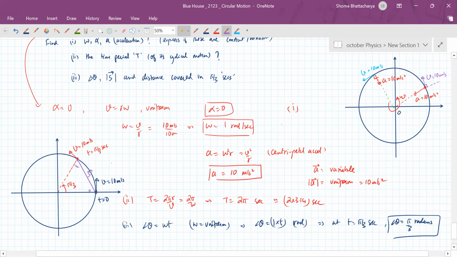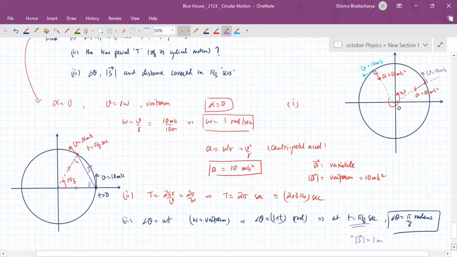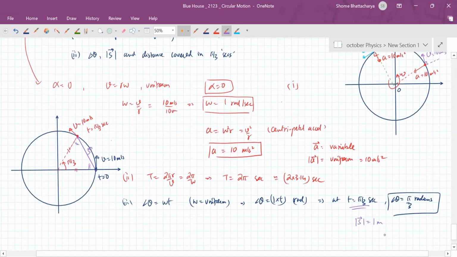So this will be an equilateral triangle. But the distance traveled will be the arc length.